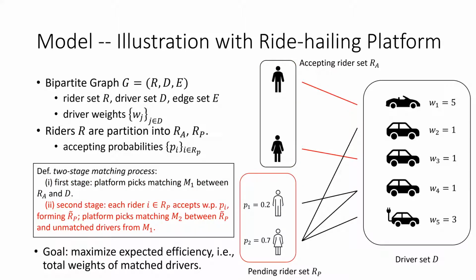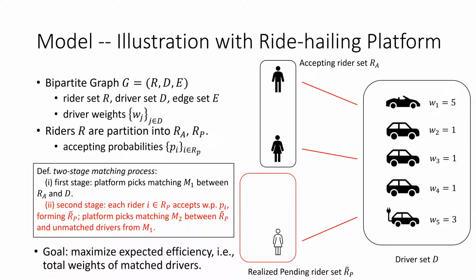First, nature realizes RP tilde, which is a subset of RP. Suppose that the fifth rider is added into RP tilde, and the driver matched to him is the fifth driver. Now we have a matching which matches the first, the third, and the fifth driver, and the total weight is 9.